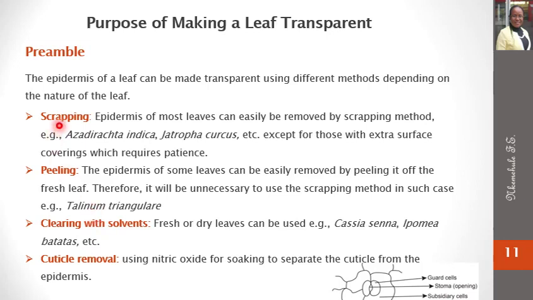For the scraping method, the epidermis of most leaves can be removed by scraping, e.g. Azadirachta indica, Jatropha, just to mention a few, except for those with extra surface coverings like numerous hair, waxy cuticle. In that case, extra patience is required. Fresh leaves are required for both the scraping and the peeling method. But for the clearing method, either fresh or dry leaves can be used.